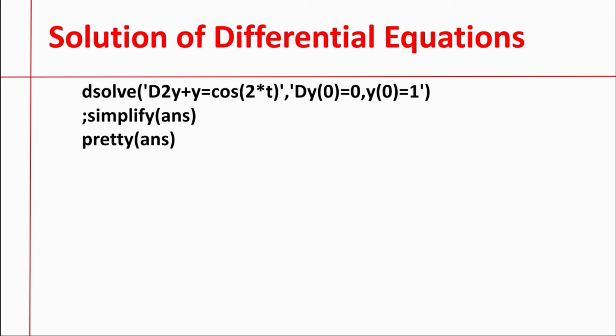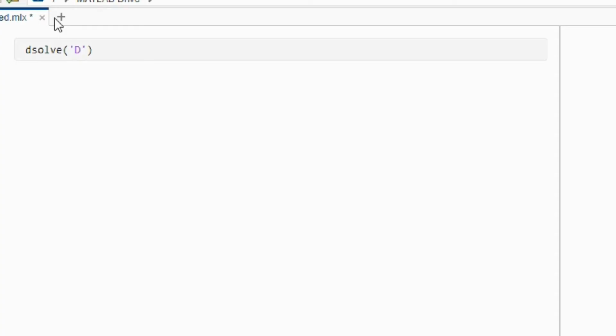Okay, the same code, and we will now check how this code works in MATLAB with the initial conditions. So just like dsolve, and inside the parenthesis there will be double quotation marks, and inside the double quotation marks you will type D2y plus y is equal to cos 2t, and now you will type Dy at 0 is equal to 0.